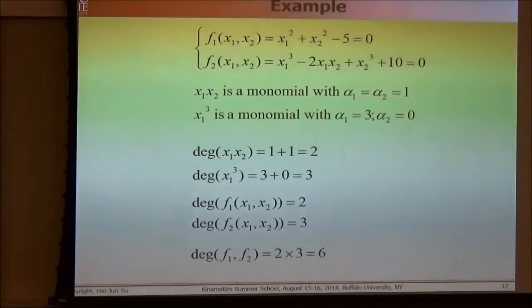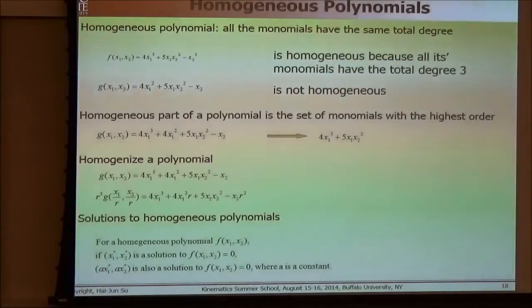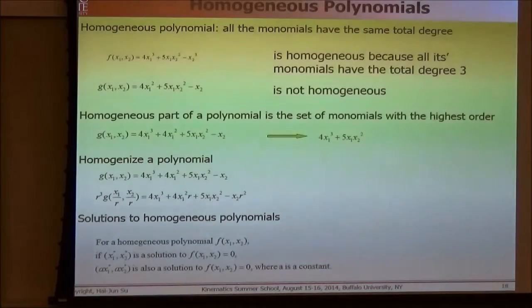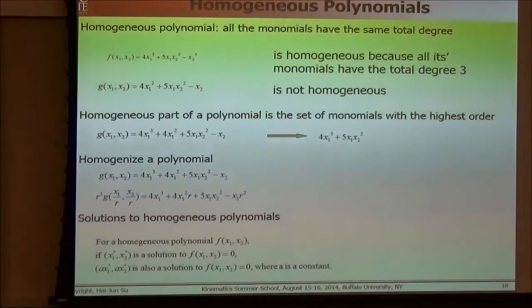And there are some methods to get a bound on the number of solutions for a polynomial system. Okay. Homogeneous polynomials: in plain words, a polynomial is homogeneous if all the monomials have the same degree. For instance, this is homogeneous because every term has degree 3, and this one is not.